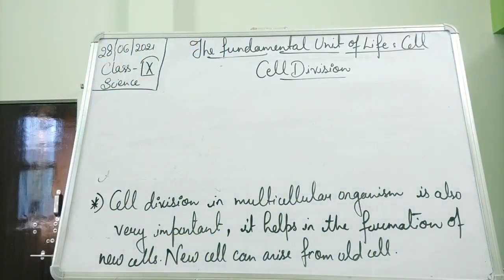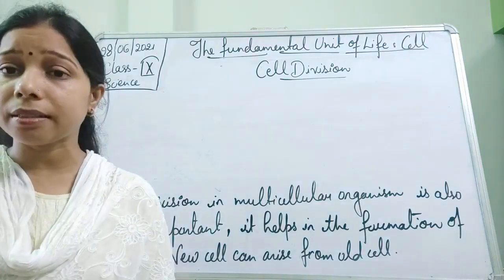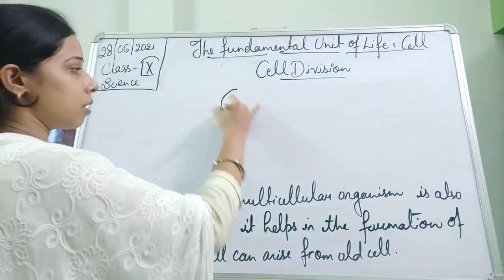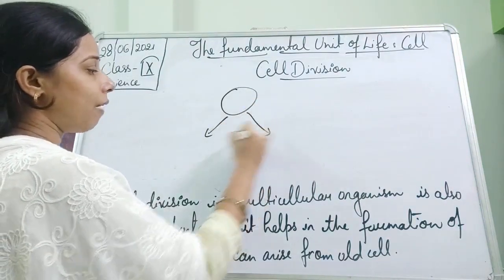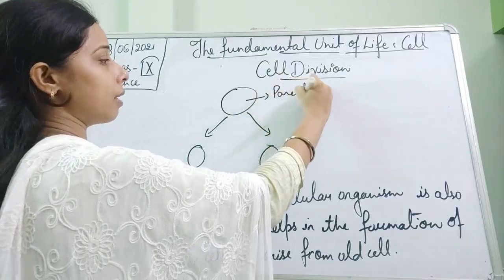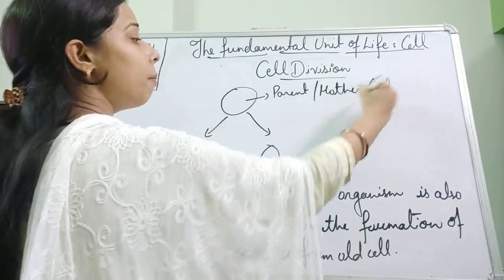So on the basis of the number of chromosomes a mother cell has. What is the mother cell, students? Remember, if suppose this is a cell, this cell will get divided into two different cells. So this will be the parent cell. Instead of that, we can use the other term, mother cell.